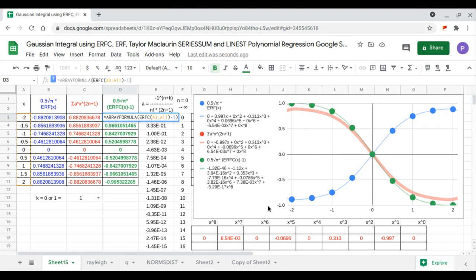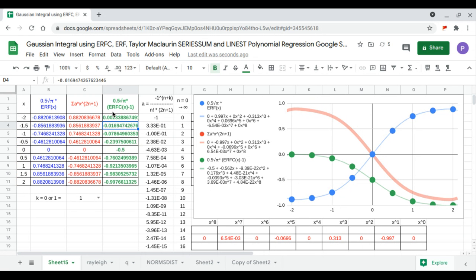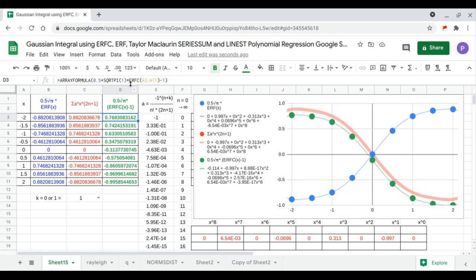So times 0.5 and then square root of pi times square root of pi. And this should be multiplied to ERFC.